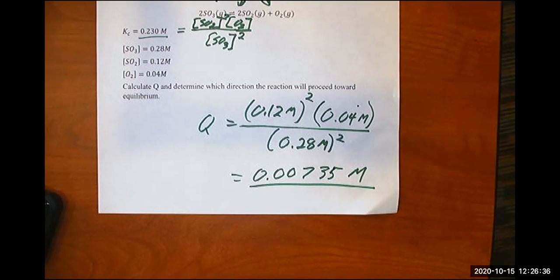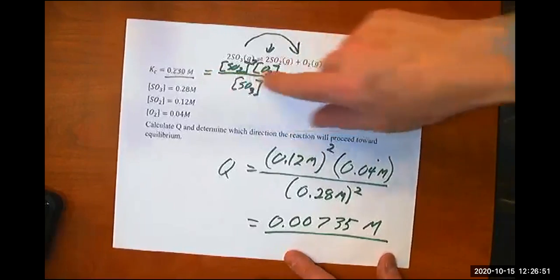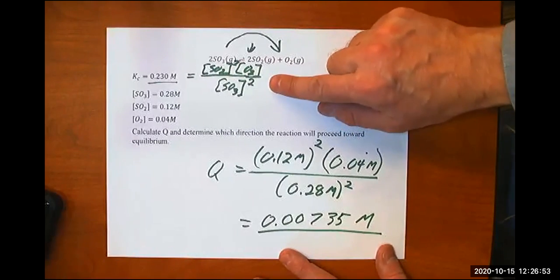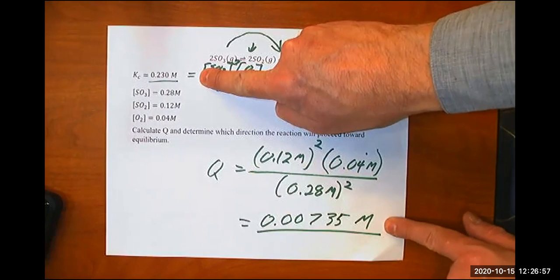Yes? Can you please explain one more time which direction it shifts? Which direction it shifts, yes. This expression here describes equilibrium. This expression here describes where we are, okay?